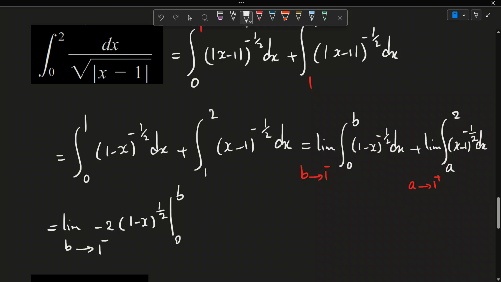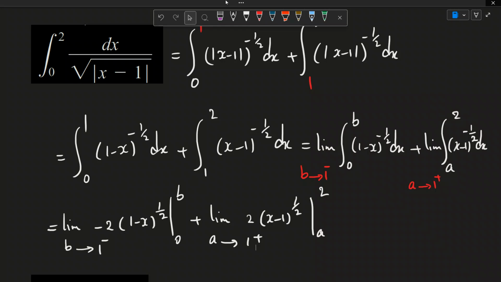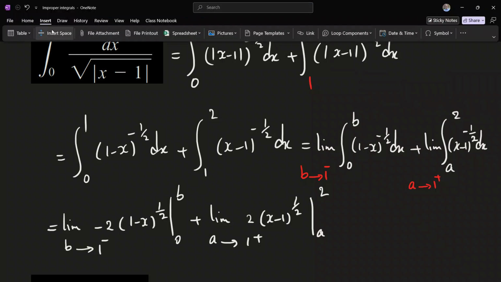And we can see that this root is defined when b approaches 1 from negative side. And the other one, limit 2 times x minus 1 to the half from a to 2 when a approaches 1 from positive side. Now let's write the limits separately.